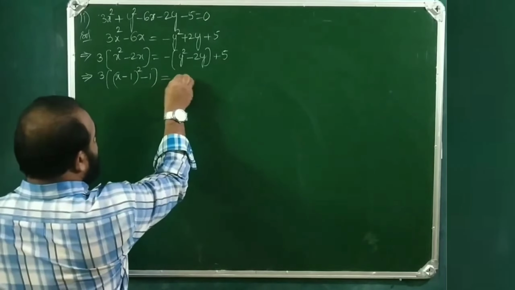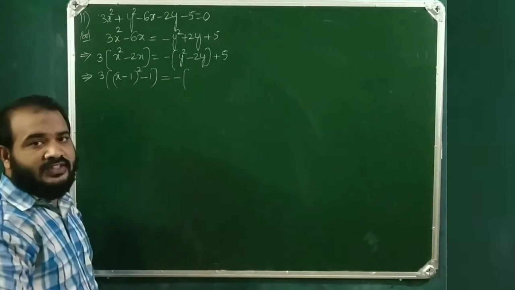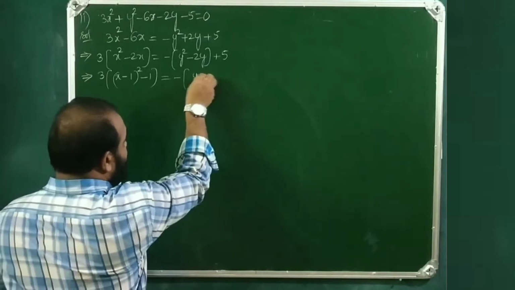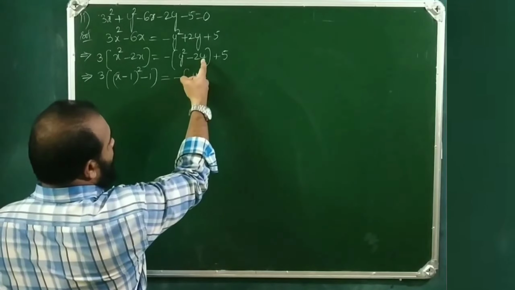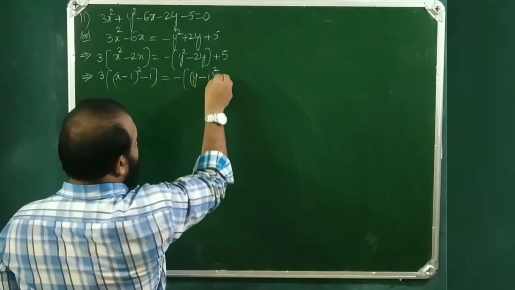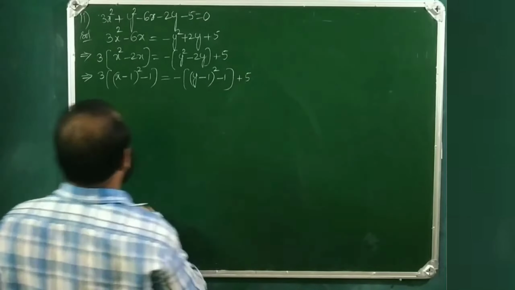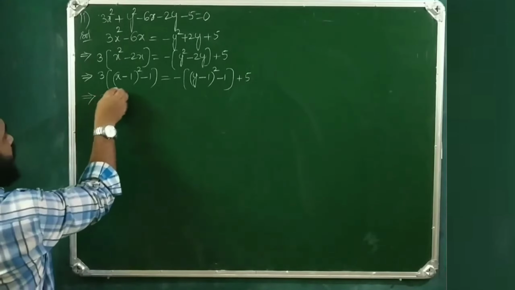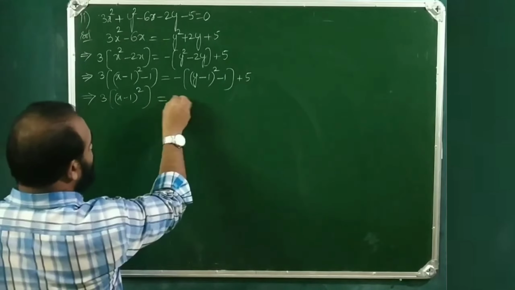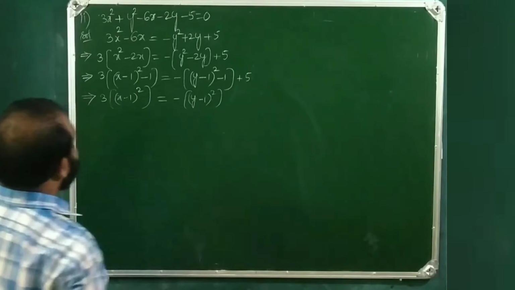Likewise, minus of y square. Let us try to express this again as a minus b whole square. So y square is y minus, the coefficient of y is 2, half is 1; complete the square, minus 1 plus 5 as usual. So this is 3 into x minus 1 whole square is equal to minus of y minus 1 whole square.